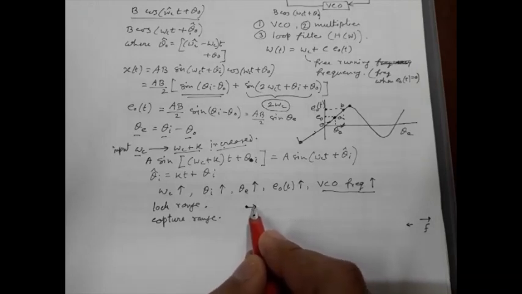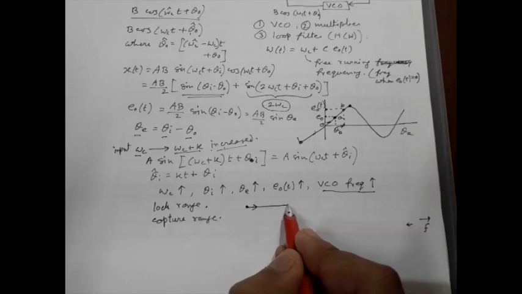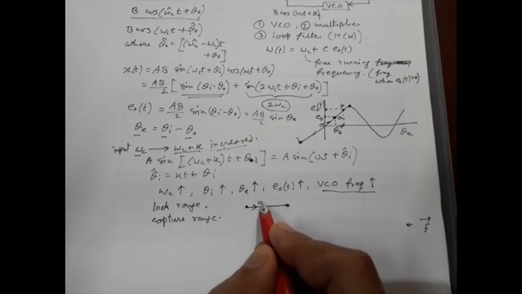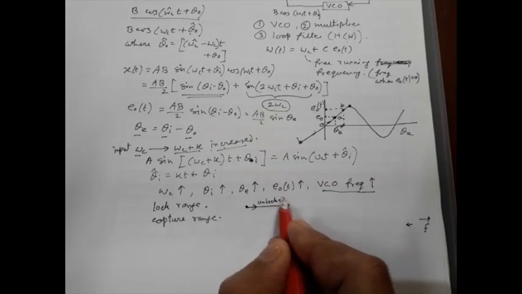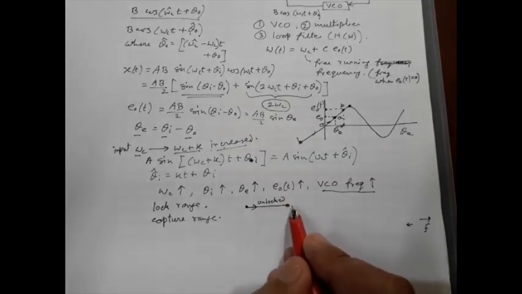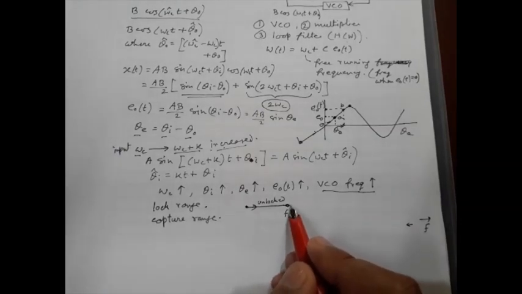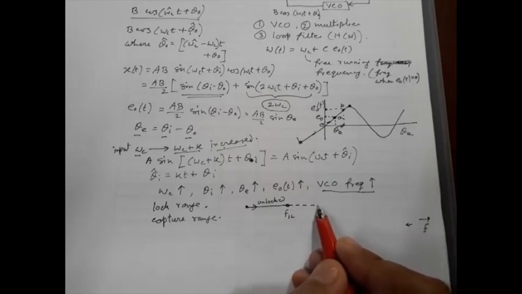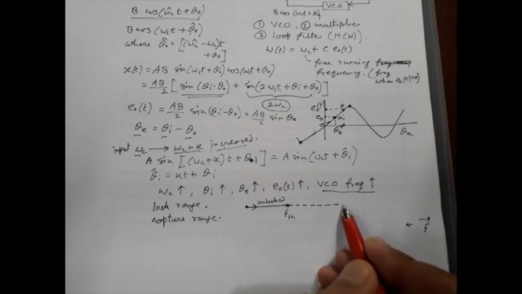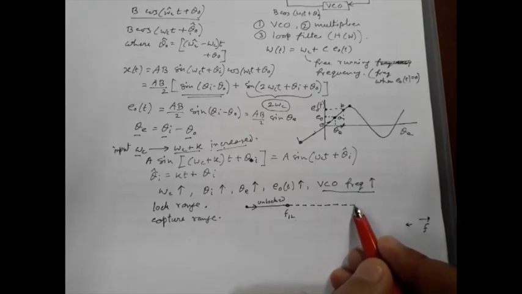So first of all, up to this point it is unlocked. At this particular point, at frequency say f1L, it gets locked. Once it is locked, we will designate this locked condition with a discontinuous line.